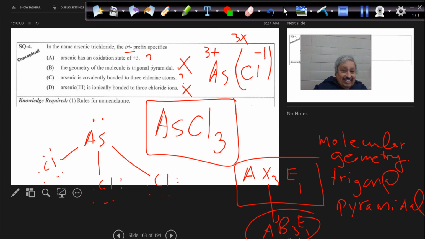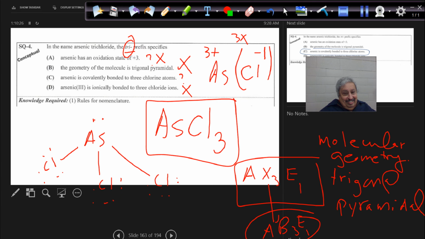This is correct, but the problem is with the tri. Tri means what? Arsenic is connected to 3 chlorine atoms covalently. So what's left is C.